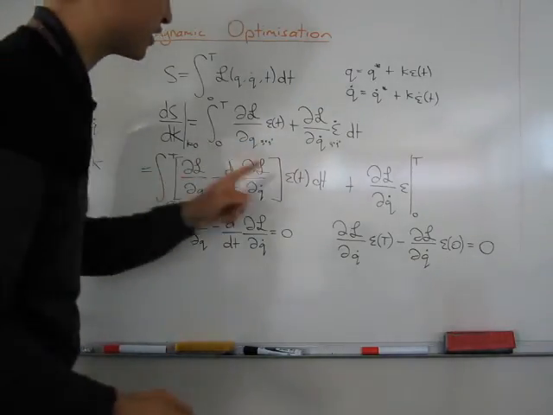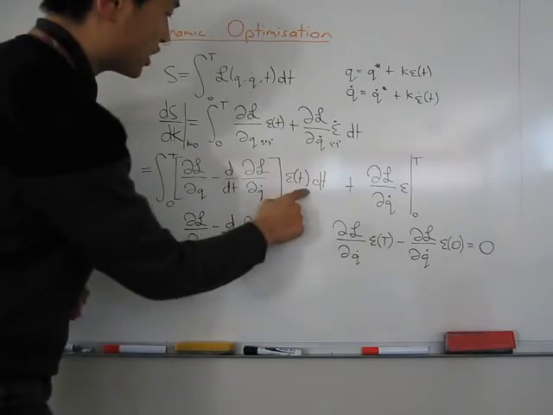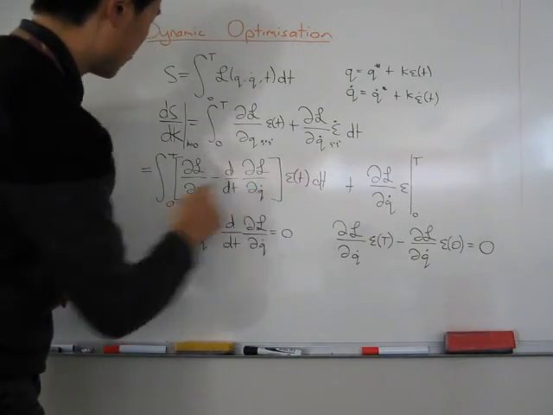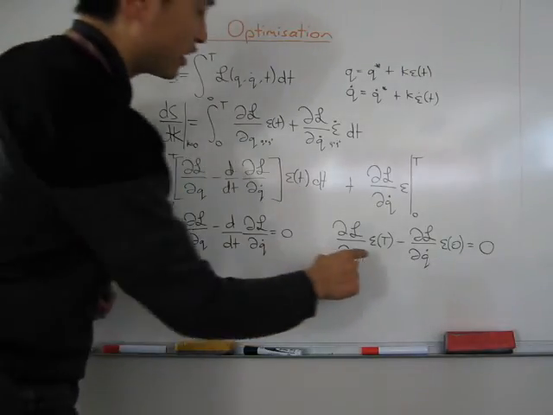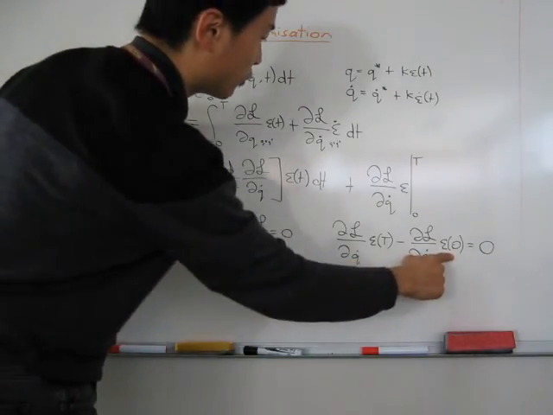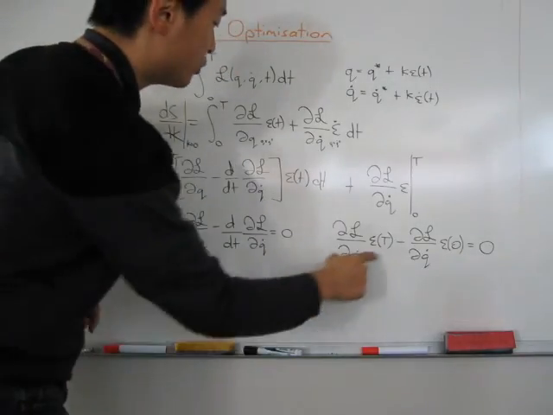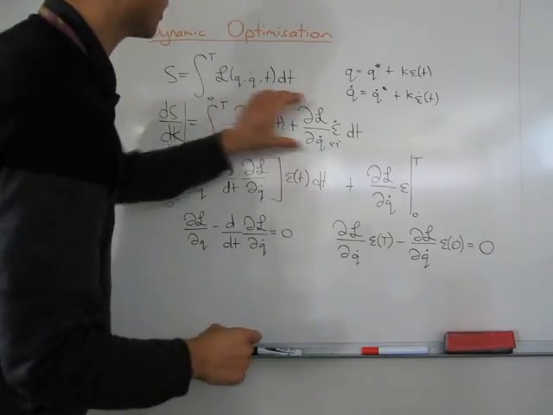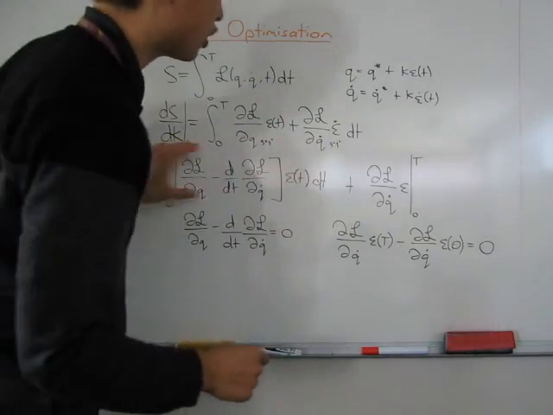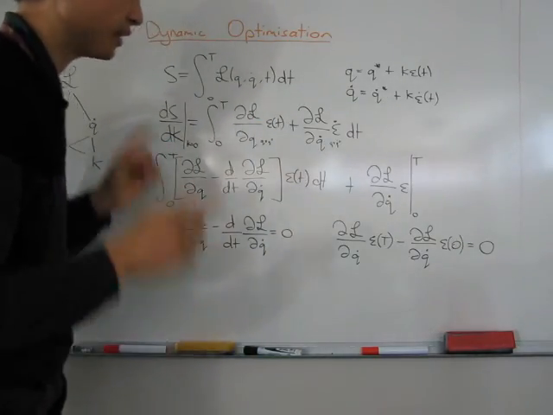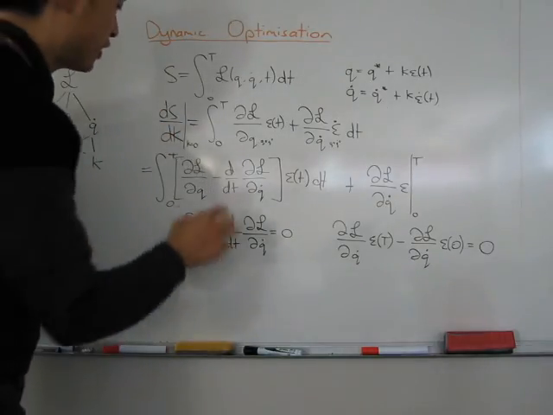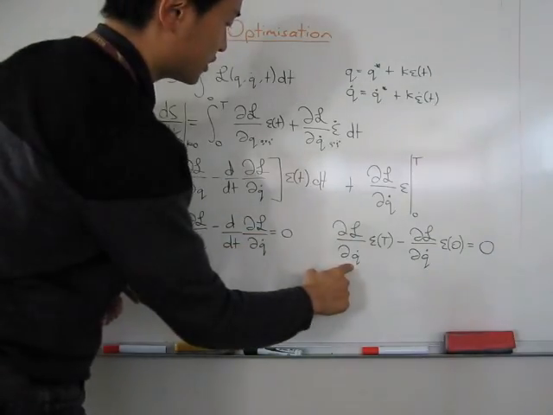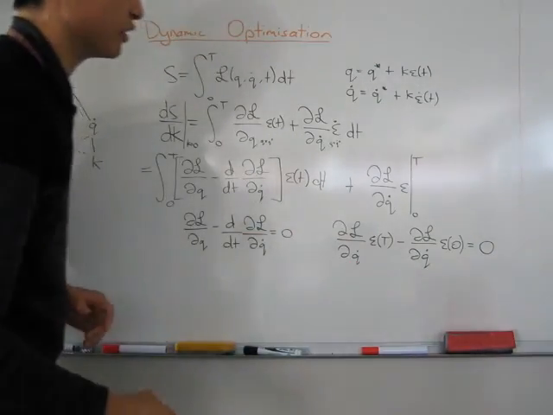So here is the thing to observe. If epsilon of t is allowed to be anything at all for t from 0 to capital T, and it's allowed to be anything at all at its start point and anything at all at its end point, then the only way that this thing here, which is the same as this, could possibly equal a constant number, 0, is if this quantity here is equal to 0, and this quantity here is equal to 0, and this quantity here is equal to 0.